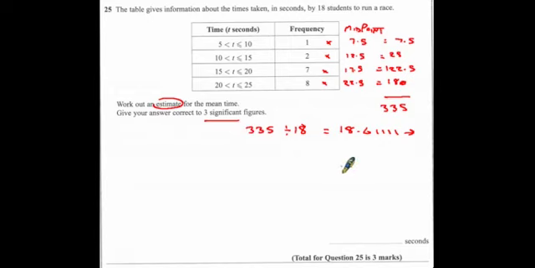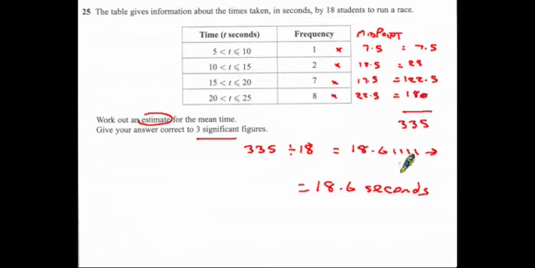We are therefore looking at 3 numbers, 1, 8 and 6. Therefore the answer is 18.6 seconds. Just as an added note, had the next digit after the 6 been higher than 5, we would have rounded up to 18.7, but it's only a 1, so 18.6 is the correct answer.